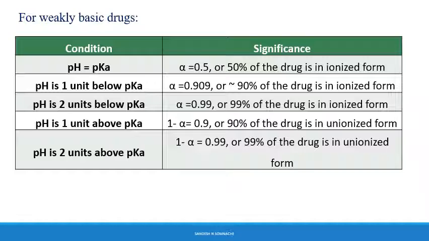Then when pH is 1 unit above the pK value, 1 minus alpha is equal to 0.9, around 90% of the drug remains unionized, and when pH is 2 units above the pK value, 99% of the drug remains unionized, and the unionized form of the drug gets absorbed across the biological membrane by the process of passive diffusion.